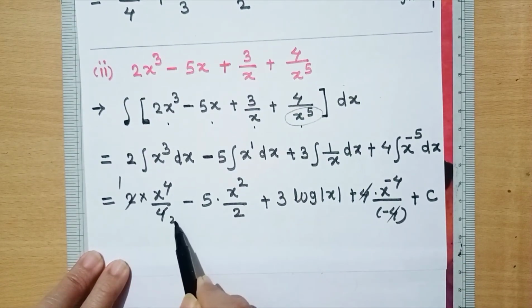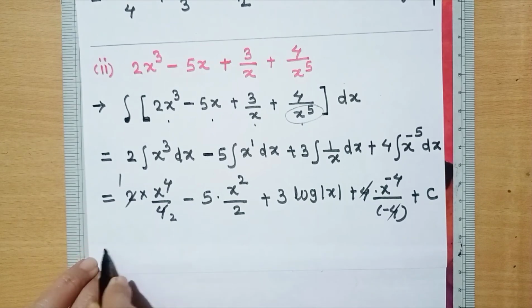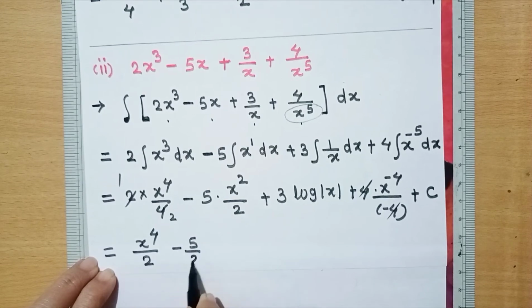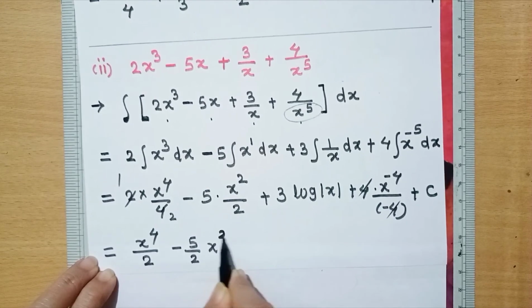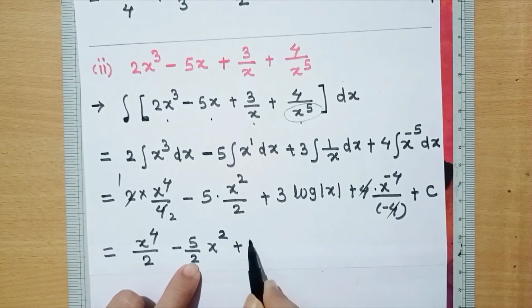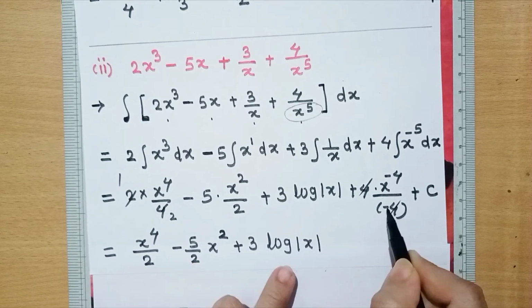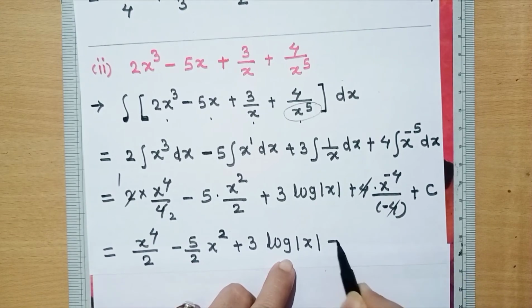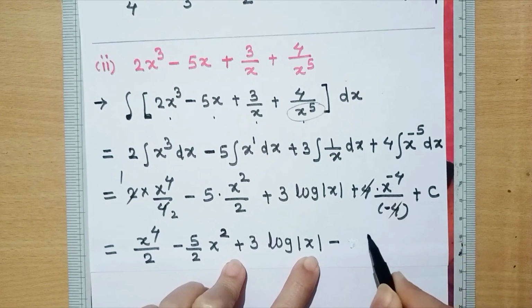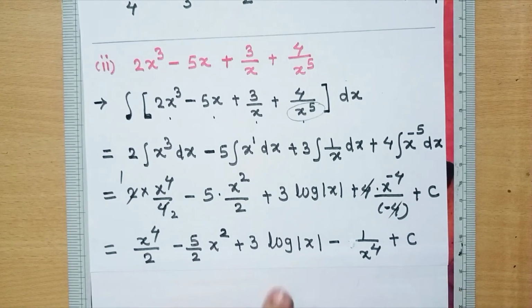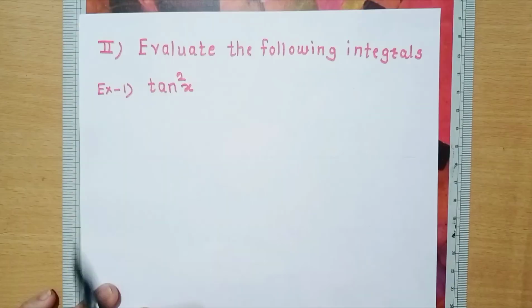Here also 2 ones are 2, twos are, and so the final answer is x raised to 4 upon 2 minus 5 by 2 x square, then plus 3 log of mod of x, then write down the minus sign, and x raised to minus 4 means 1 upon x raised to 4, and then write down this constant c. This is the final answer.